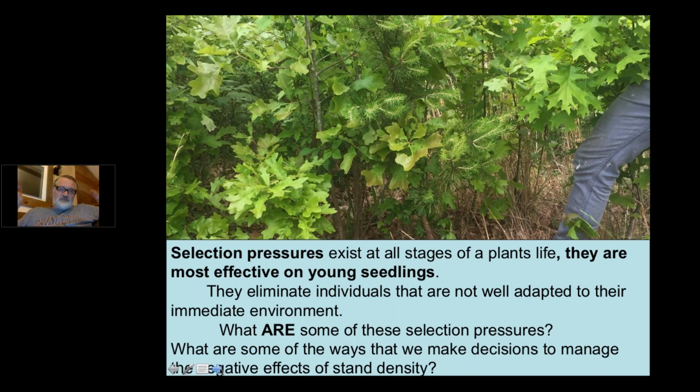But selection pressure is a generic term. What are these selection pressures? We've got plants on a site. What are the things that are likely to cause that plant to die? Some of the most significant, of course, are latitude, how far north or south, elevation, how high up the side of a mountain or how far down in the valley, and soil type: is it gravelly, sandy, silt, loam, clay?